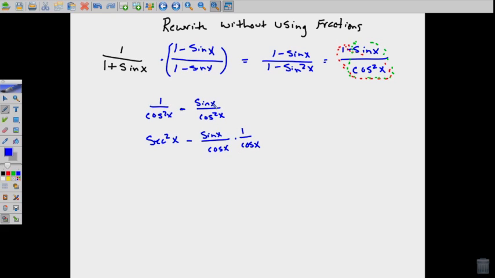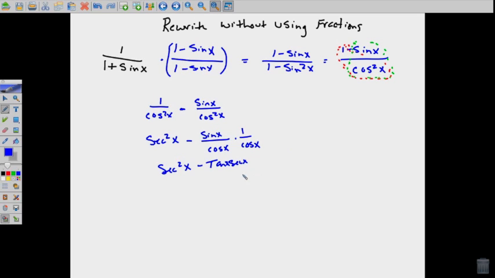If I multiply these 2 fractions together, I would come right back to this one up here. So what is sine over cosine? Tangent. And what is 1 over cosine? Secant. So this is secant squared of x minus tangent x times secant of x.